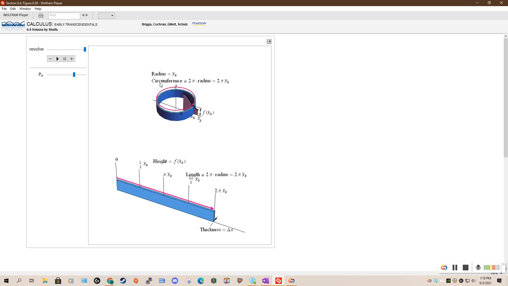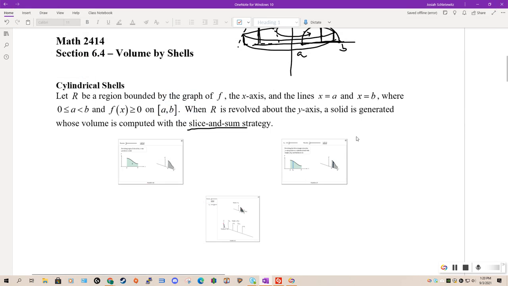You find the circumference of the cylinder and multiply that circumference by the height. Circumference times height gives you this blue surface area here. We multiply it by the thickness, and that gives us the volume of this cylindrical chunk. So in general, we're going to have a piece that looks like this.